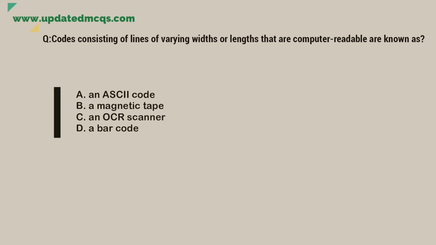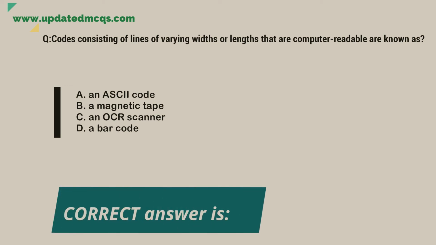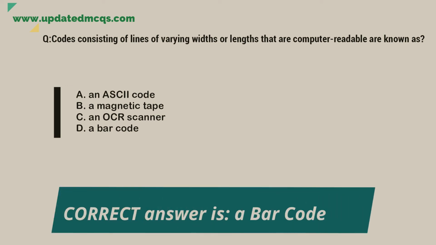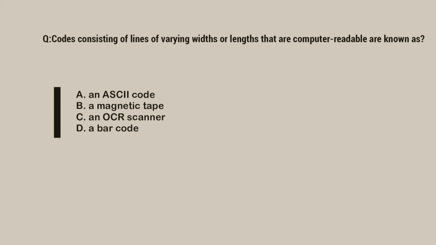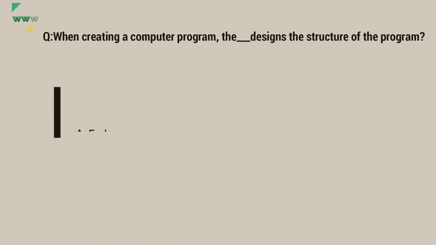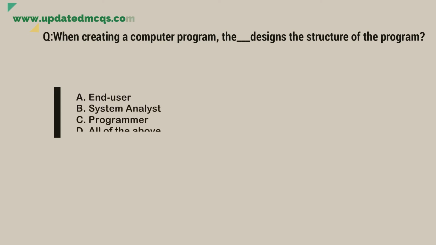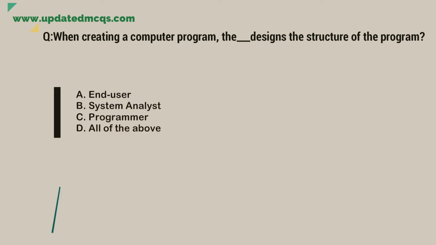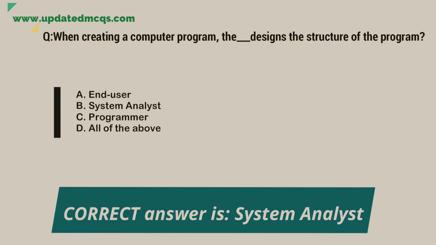Codes consisting of lines of varying widths or lengths that are computer readable are known as barcode. When creating computer programs, the dash designs the structure of the program. System analyst.